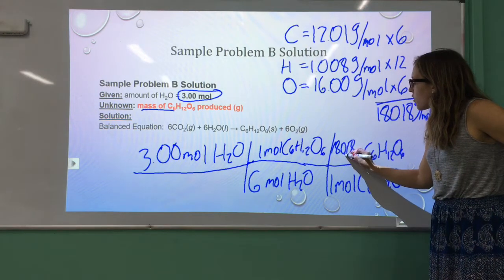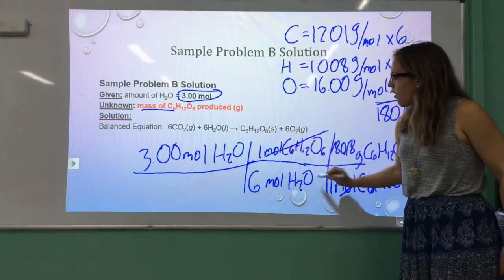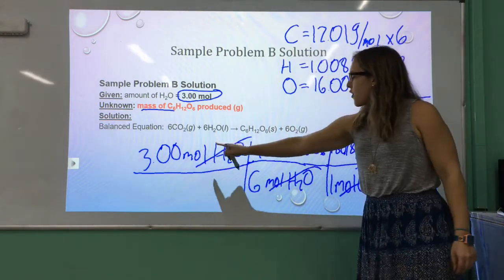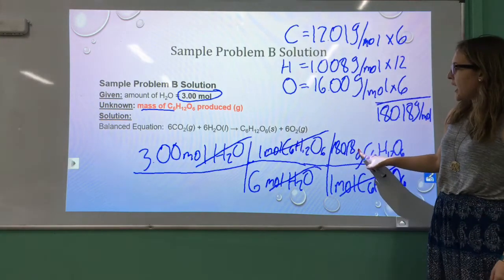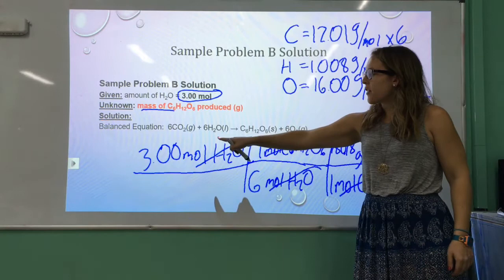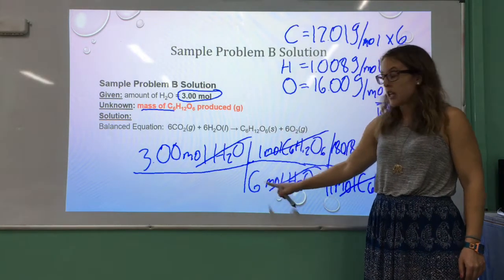180.18 grams per mole. We see moles of glucose cancel out, moles of water cancel out. So we would say 3 times 180, or we can even say 3 divided by 6 would give us 2 down here.